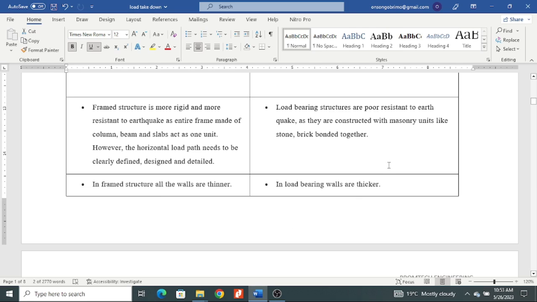But in load bearing walls, there is a minimum breadth to which your walls can extend, after which you can now start designing. For instance, here in Kenya we use 200 millimeter walls and more as load bearing walls.